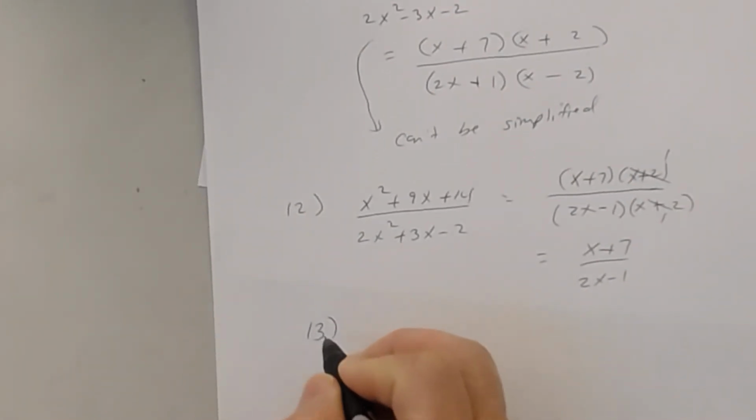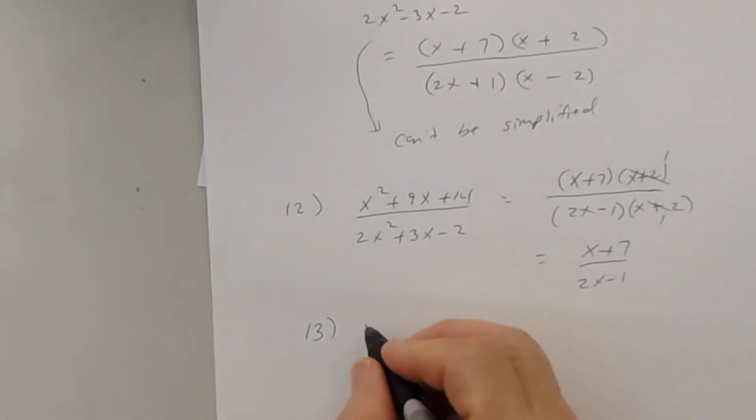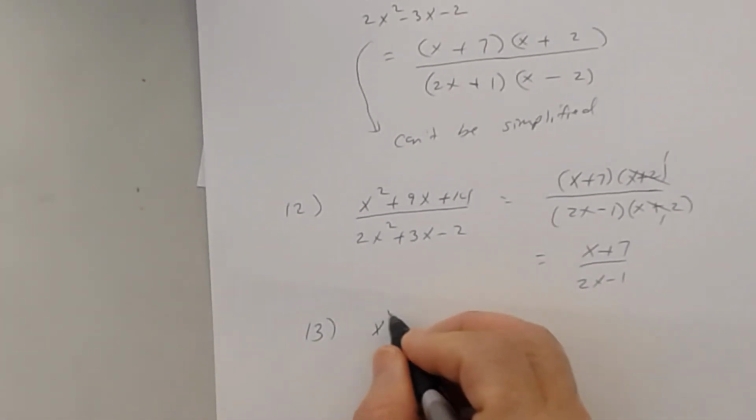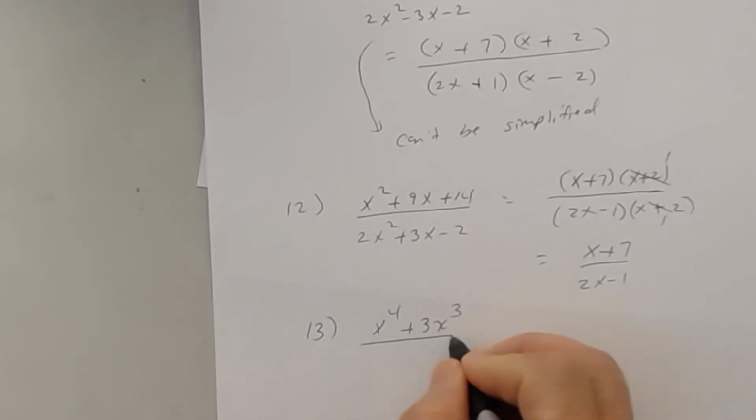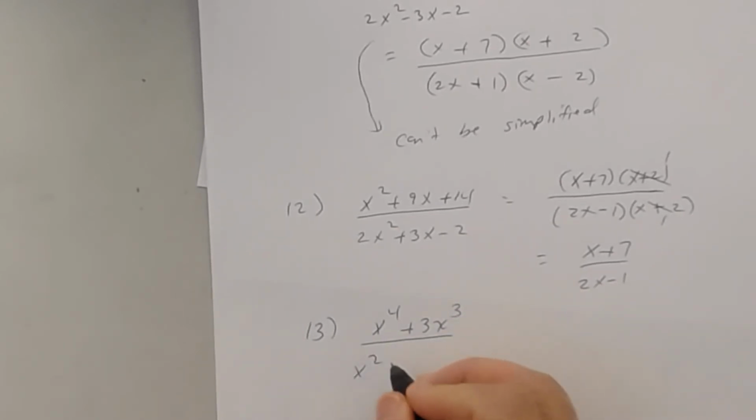Okay, 13. Let's look at 13. Suppose in number 13 you had x to the 4th plus 3x cubed divided by x squared minus 3x minus 18.